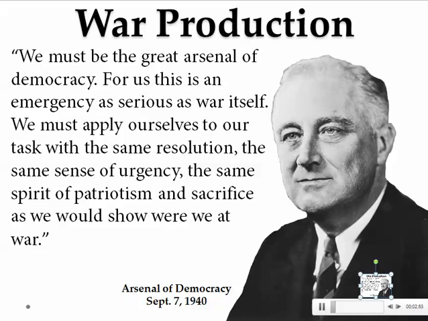We must be the great arsenal of democracy. For us, this is an emergency as serious as war itself. We must apply ourselves to our task with the same resolution, the same sense of urgency, the same spirit of patriotism and sacrifice as we would show were we at war.